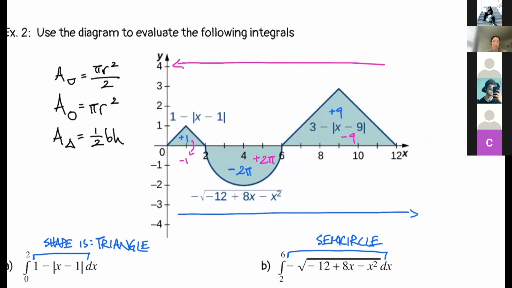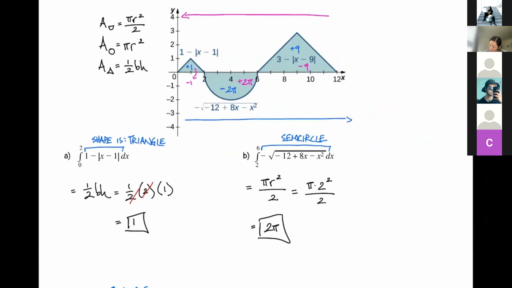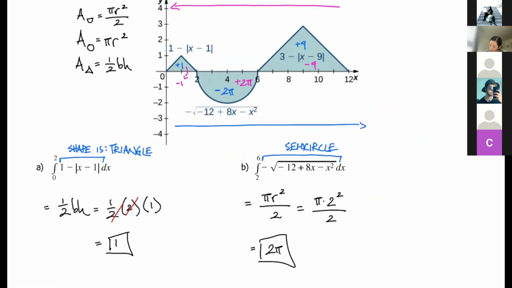Now, what was positive is negative, and what was negative is positive. Okay. So knowing that, I'm going to change my answer for part B. Instead of saying 2 pi, we want to say -2 pi. Okay.